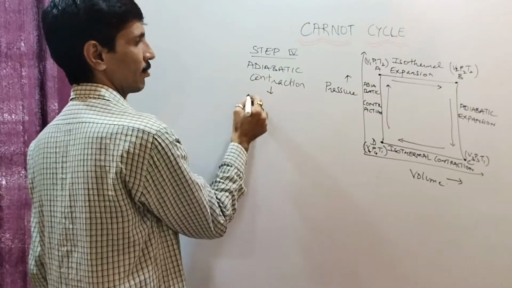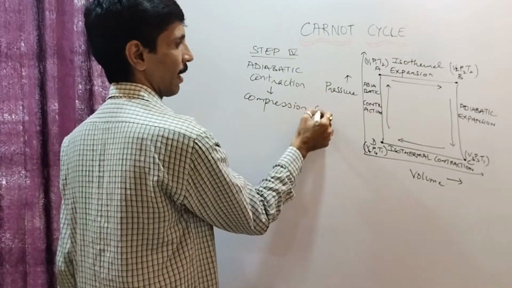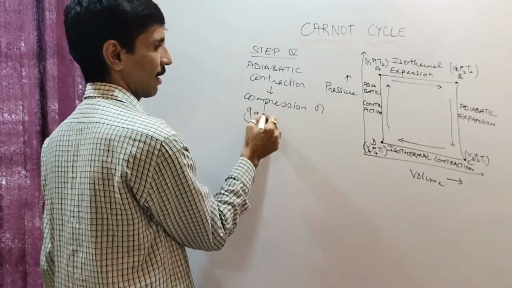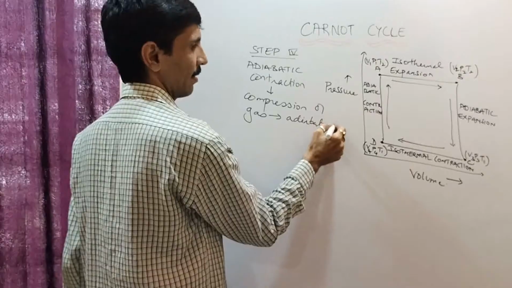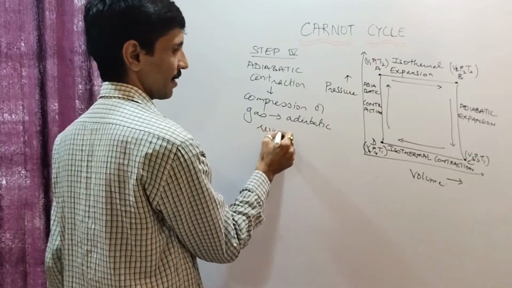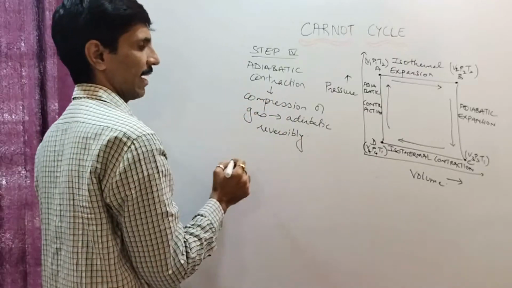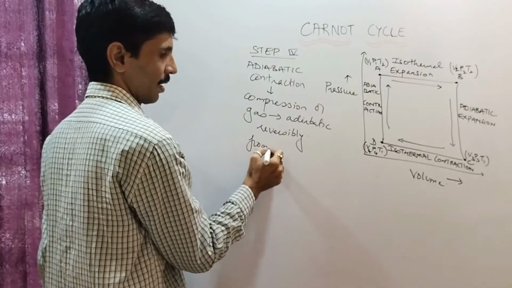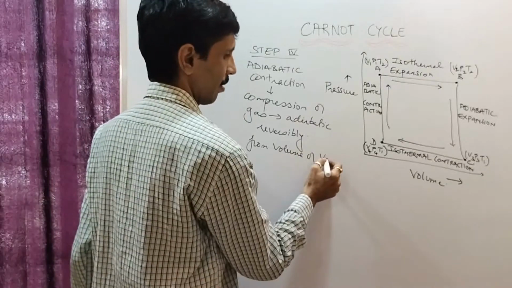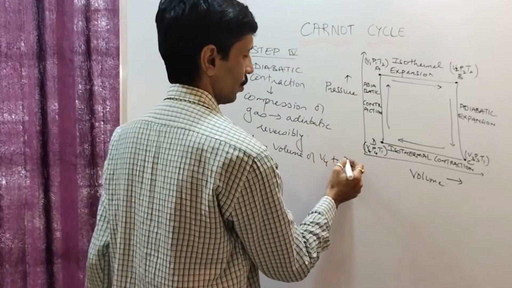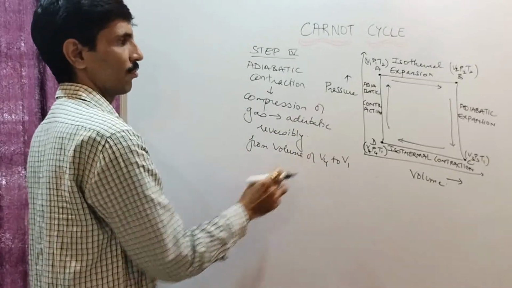Next, we talk about the compression of a gas taking place, and the condition is going to be adiabatic and reversible. Adiabatic and reversible compression of the gas taking place from a volume of V4 to V1, right, from a volume of V4 to V1.